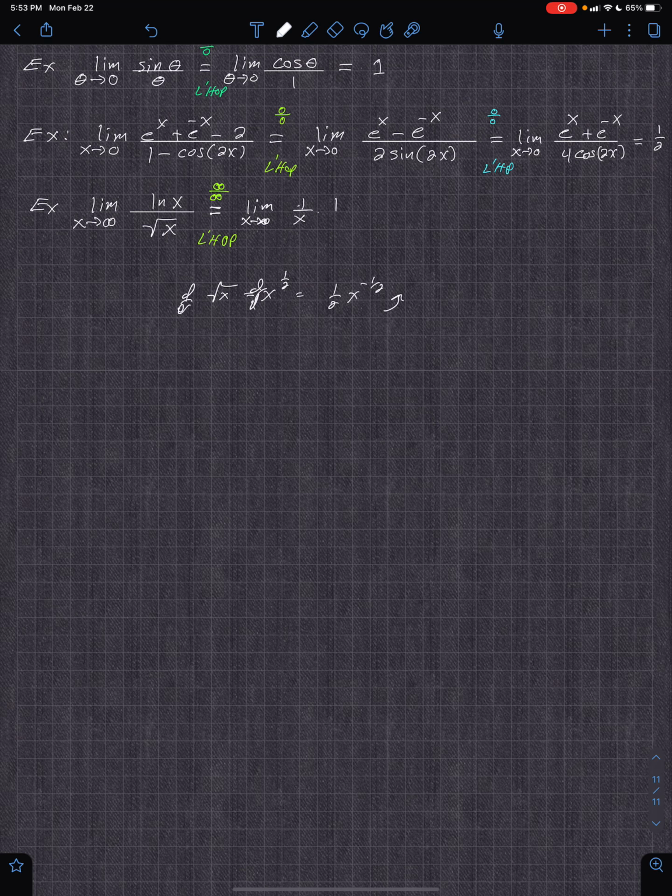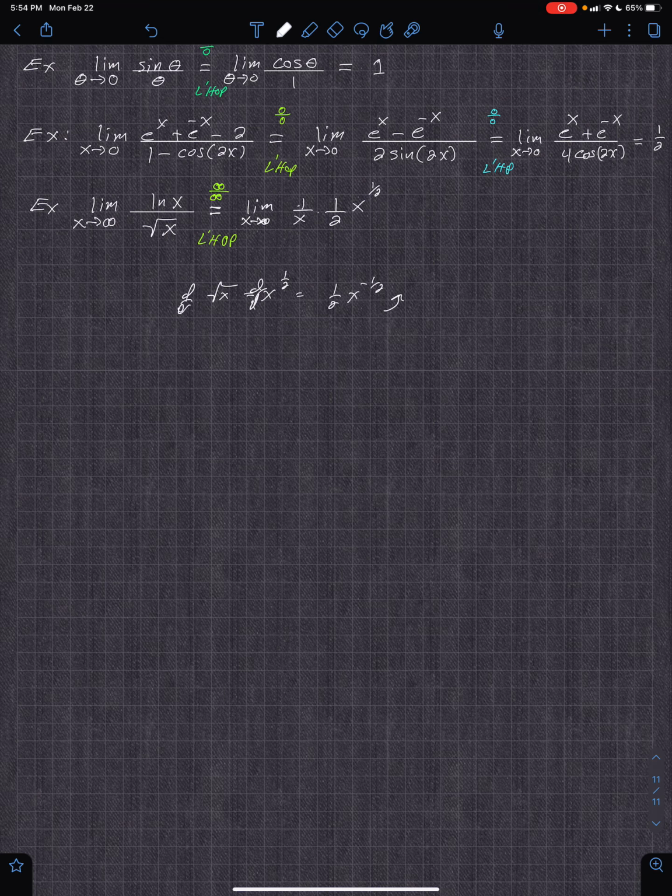So you get 1/2, and then you have x to the 1/2 down here. And so this one, you probably want to simplify a little bit before you continue.